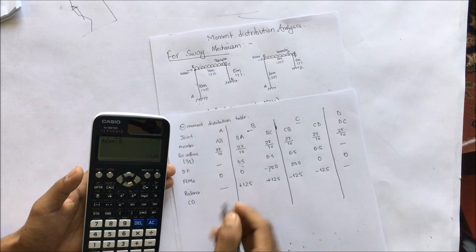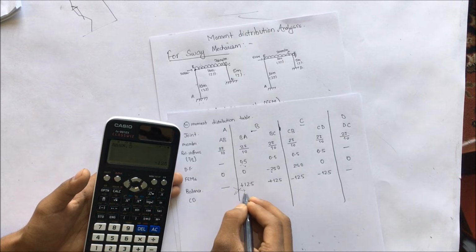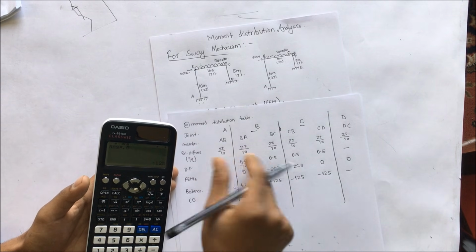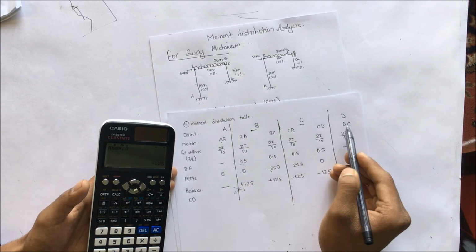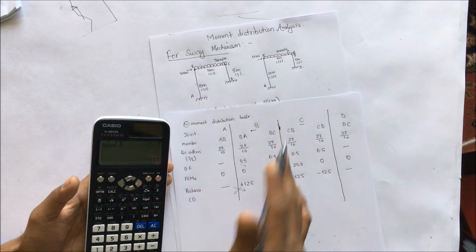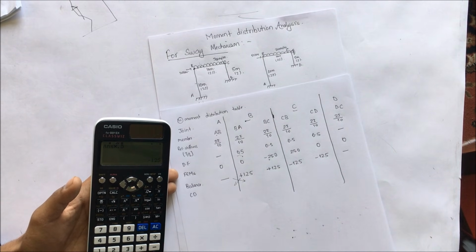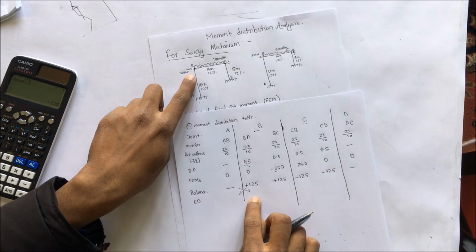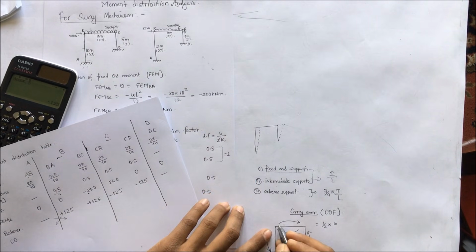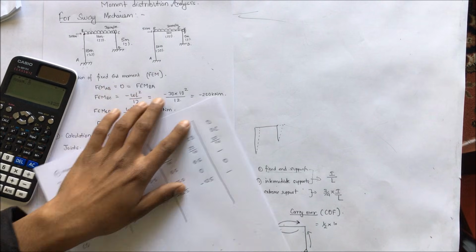The simple rule is that there has to be a crossing of the values between the corresponding members, that is AB, BA, BC, CB, CD, DC, and DE, ED, something like that, but by dividing by 2, because B is an intermediate support, and as I have said, in intermediate support there is a mutual distribution for balancing of loads.